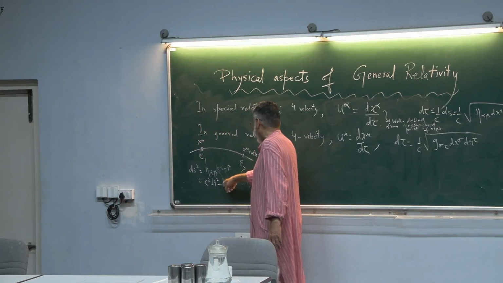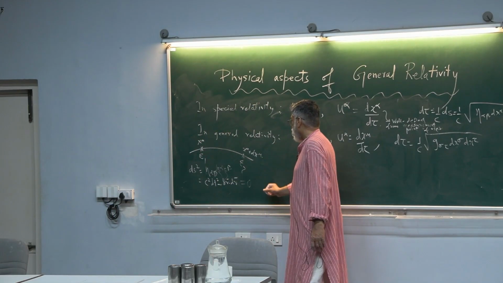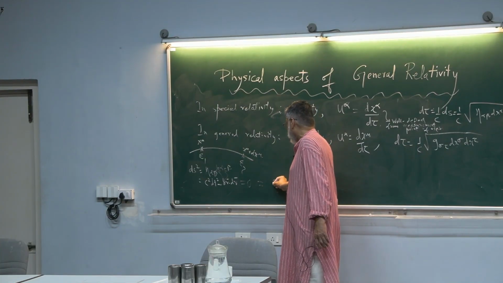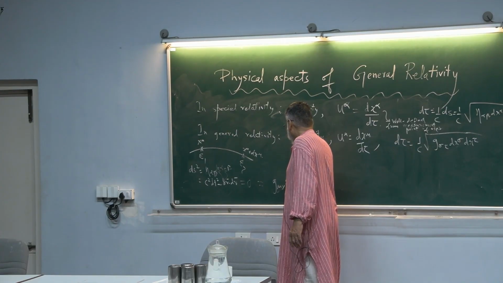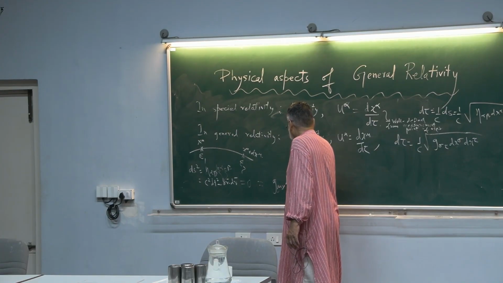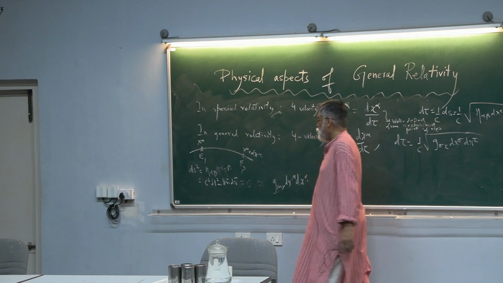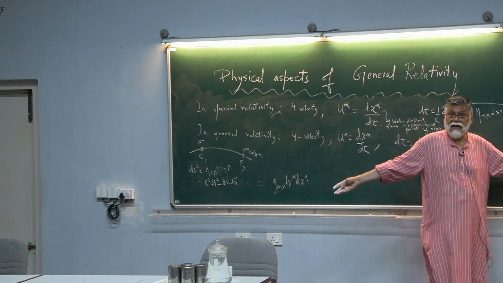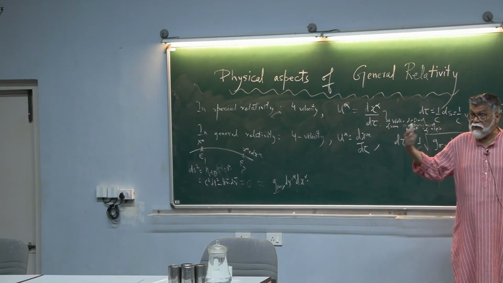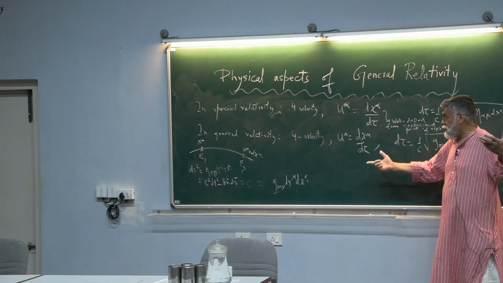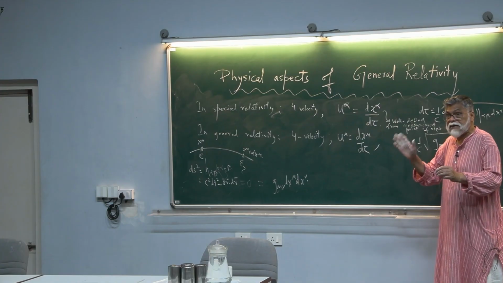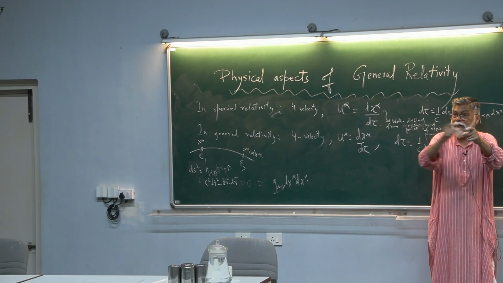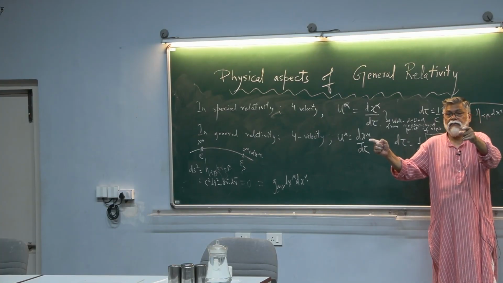Which is the same as the magnitude of dr by dt being c. But ds square is invariant. So it's the same as g mu nu dx mu dx nu. In other words, what we arrived at using our reasoning is that g mu nu dx mu dx nu is 0 for any two events connected by a zero rest mass particle.